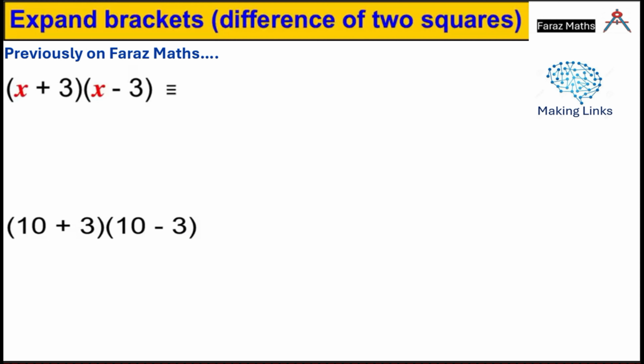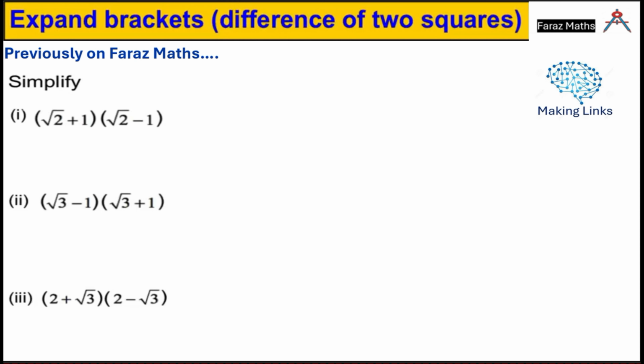Okay, coming to the next, here we have to multiply the square root of 2 with the square root of 2, and square root of 2 with minus 1. So we will use the difference of two squares identity there.